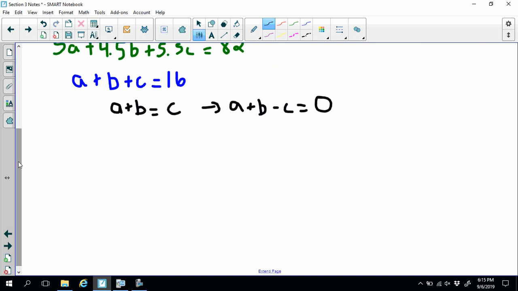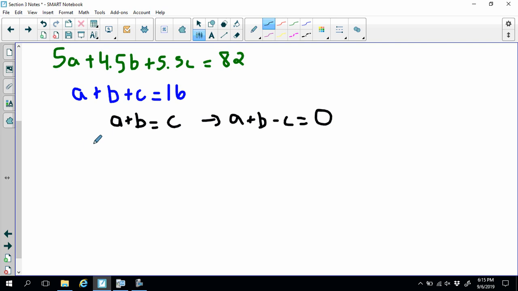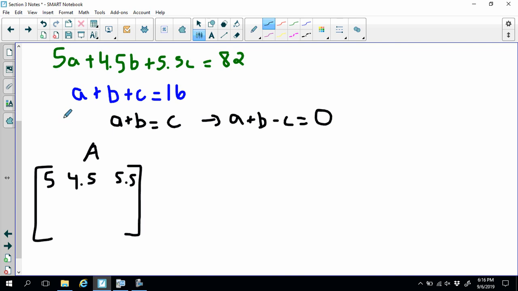Okay, let's talk about the A matrix. Remember, the A matrix is with your coefficients. If we look at our first equation, our coefficients are 5, 4.5, and 5.5. Our next equation, we just have 1, 1, and 1. And then for our last equation, we have 1, 1, and negative 1.